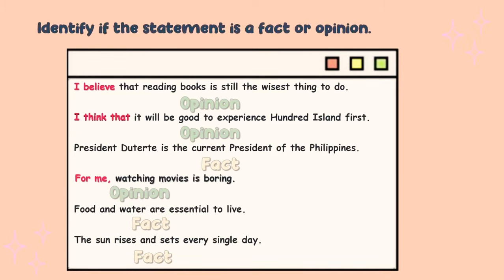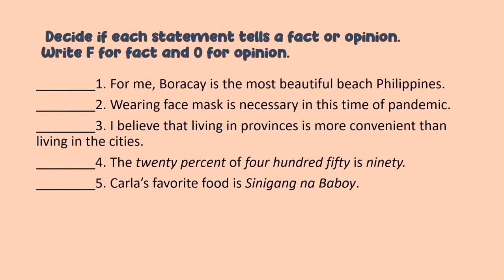I hope you all got the correct answers, learners. Now, let's move to the next activity. Decide if each statement tells a fact or opinion. Write F for fact and O for opinion. Pause this video while answering and you can type your answer on the comment box down below.